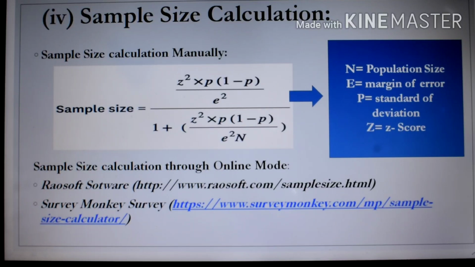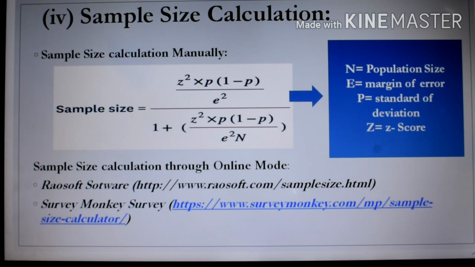On the right-hand side I have given the formula, and I have given the meaning of what N, E, P and Z denote. N denotes population size, E denotes margin of error, P denotes standard deviation, Z denotes Z score. So that is the formula for calculating the sample size manually.